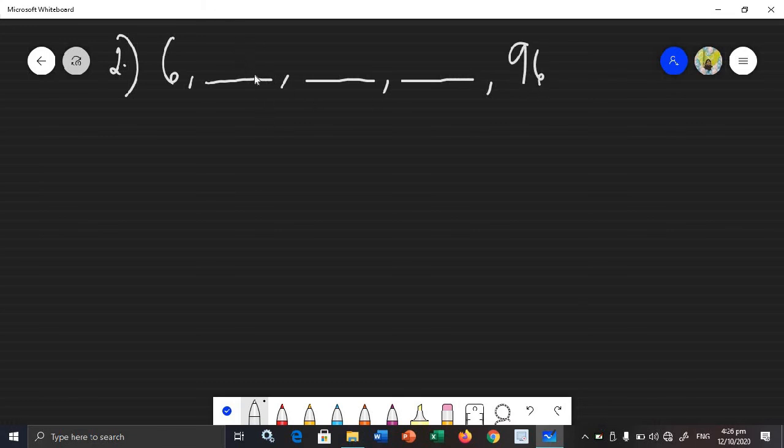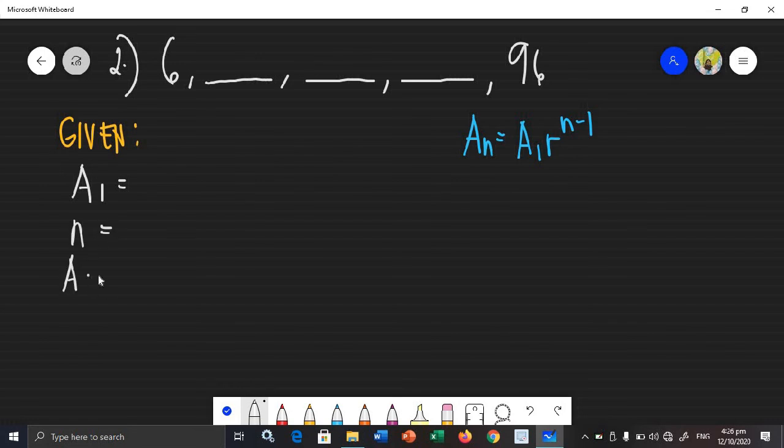So, nag-level up na kanina. We are looking for just 2 terms. Ngayon, naging 3 terms na. So, again, I'm just going to write the formula here. And then, I'm going to write the given here. So, the given that we are looking for is a sub 1, n, and then a sub n.